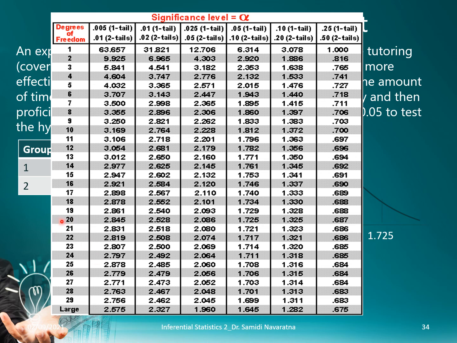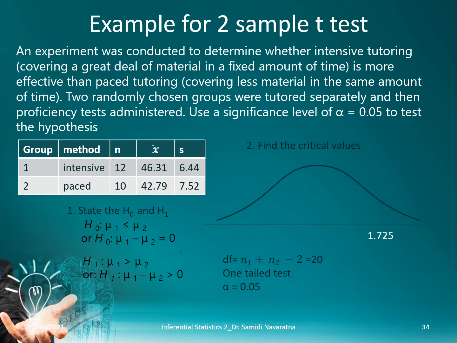So degrees of freedom 20 and alpha level 0.05 for one-tailed test. So 20 and 0.05. So the value is 1.725.